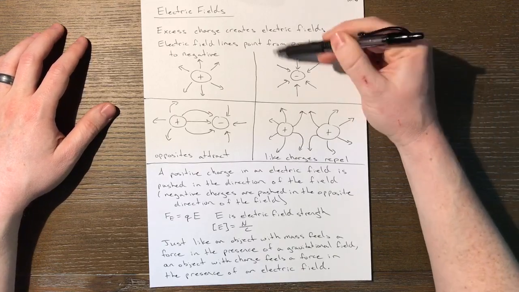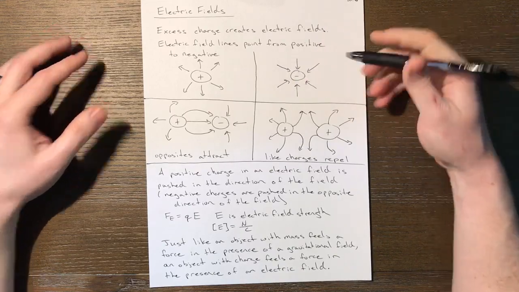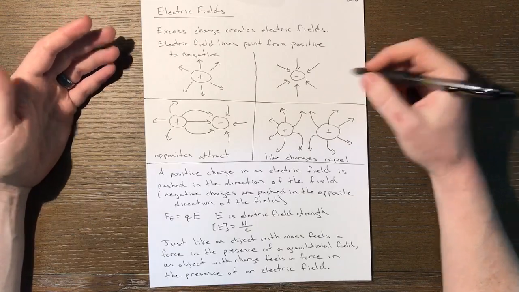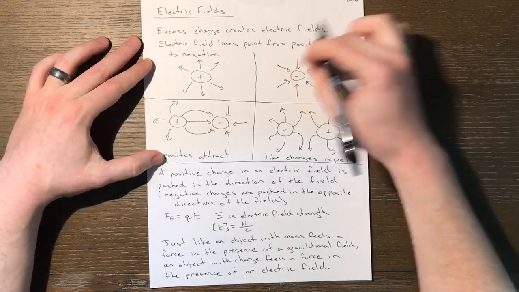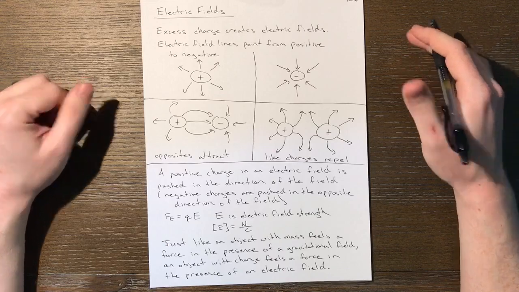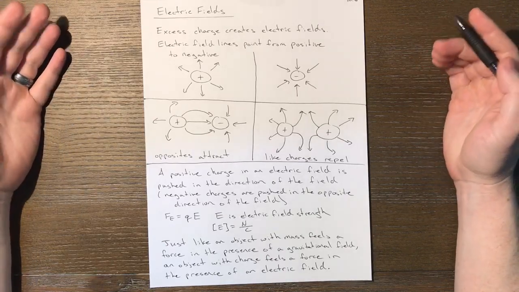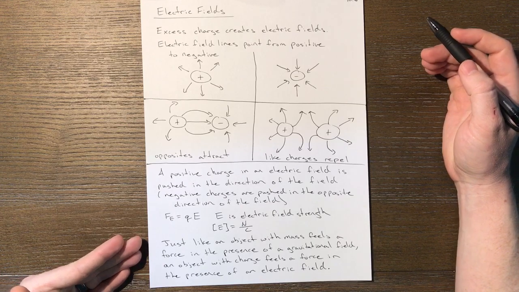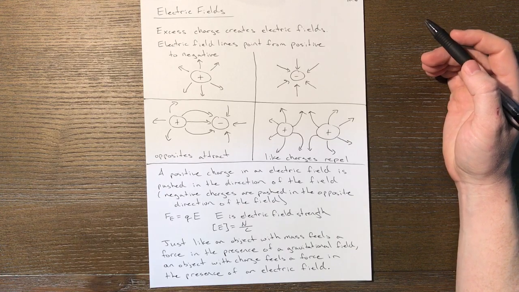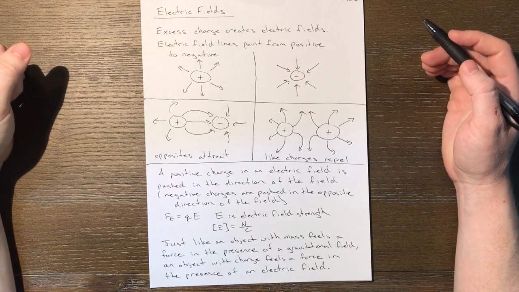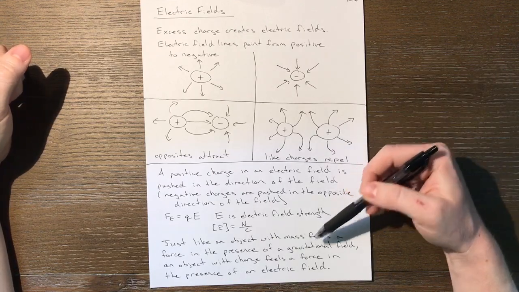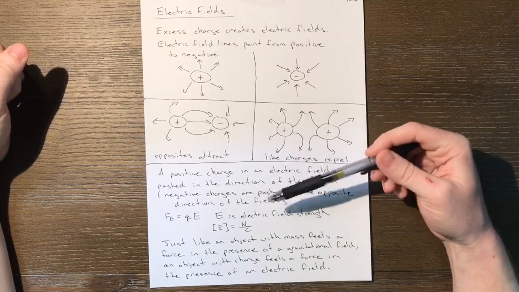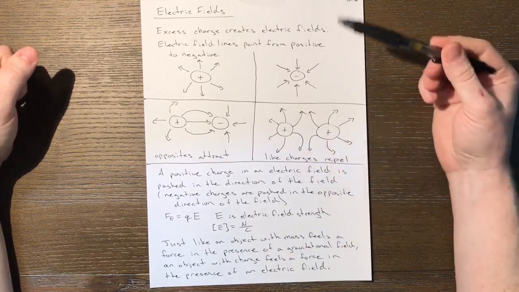We actually have gravitational field lines pointing downwards all over the planet. And if you put a mass in it, it gets pulled along that field line. It's the same idea. An object with mass feels a force in the presence of a gravitational field. An object with charge feels a force in the presence of an electric field. Did I say that backwards? Mass feels force in a gravitational field. Charge feels force in an electric field.